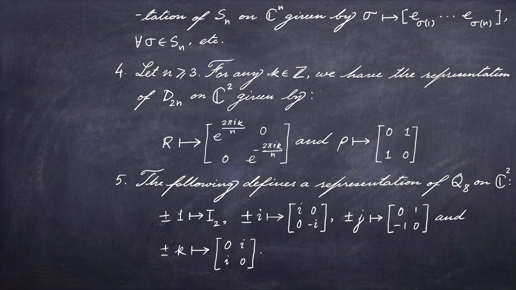The next example is about a representation of D2n. So we send r to this 2 by 2 matrix and rho to this 2 by 2 matrix.